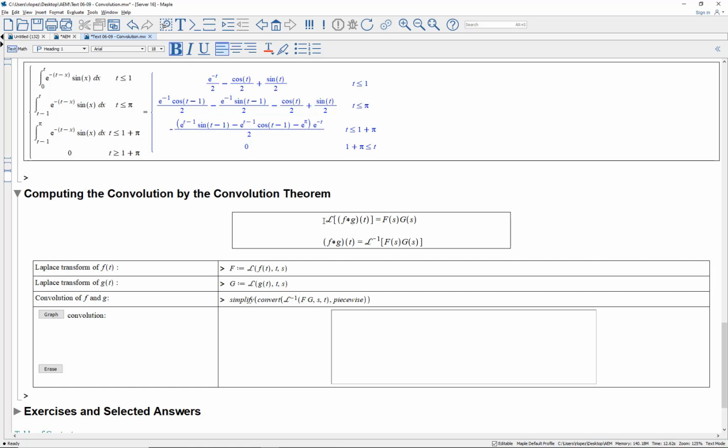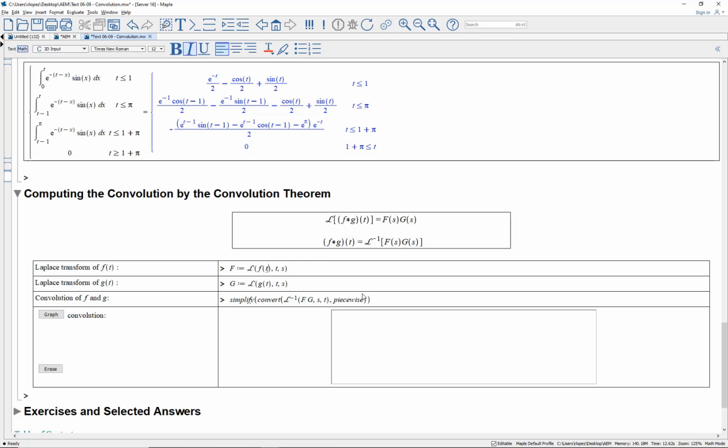Convolution theorem says the Laplace transform of a convolution is the product of the Laplace transforms of the factors. So if you invert, you will have the convolution that you're looking for as the inverse Laplace transform of the product of the Laplace transforms of the factors.